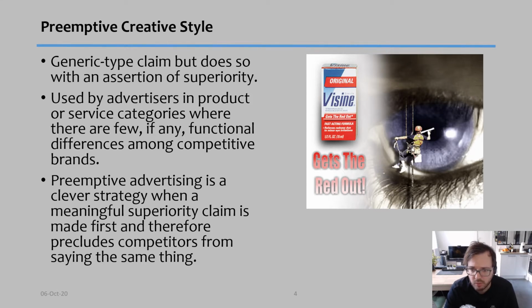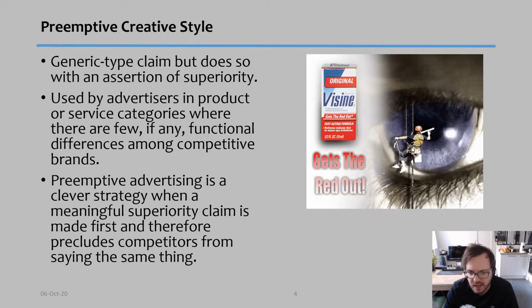But Visine was the one, as you can see in the example, they were the first ones to say that it gets the red out, so it makes your eyes less irritated. But every single eye drop does that, but because they were the first ones to say it, then it made other brands not being able to say it, because you don't want to seem like the brand that is copying another brand.